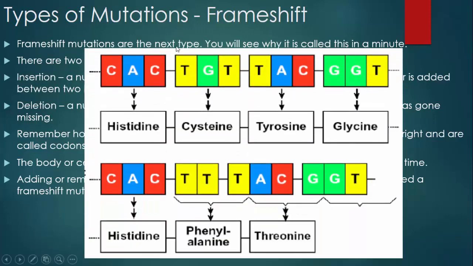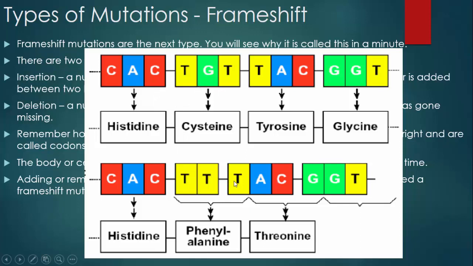So here we have our original sequence, CAC, TGT, TAC, GGT, and we can see the amino acids that it codes for. Now down here we have CAC. Everything's working out okay. But then we have deletion. A letter has gone missing because we should get TGT.